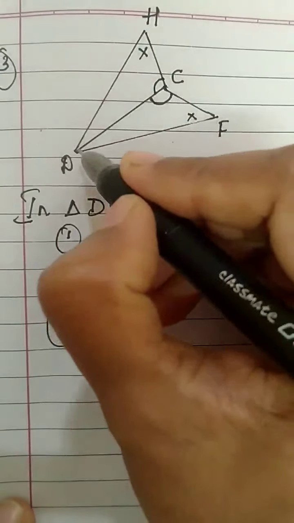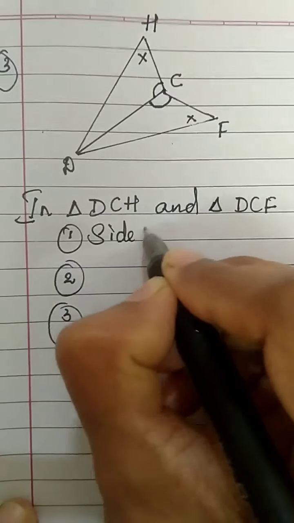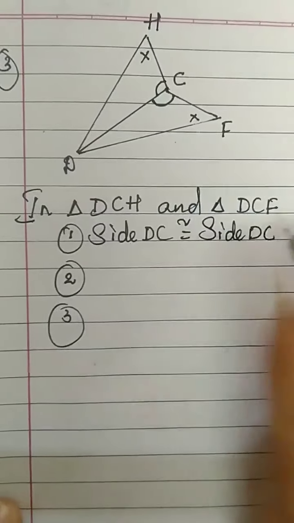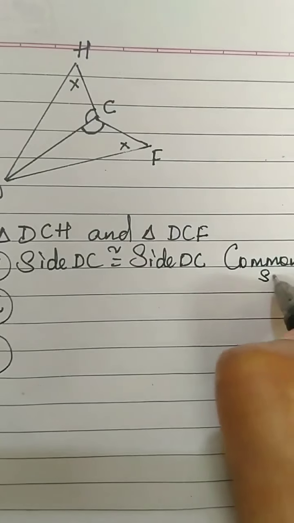As you can see, side DC congruent to side DC. Reason: common side. Both the triangles share a common side. So this is written.